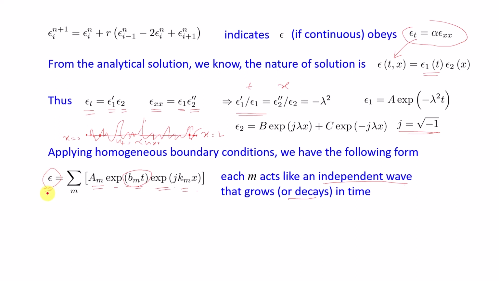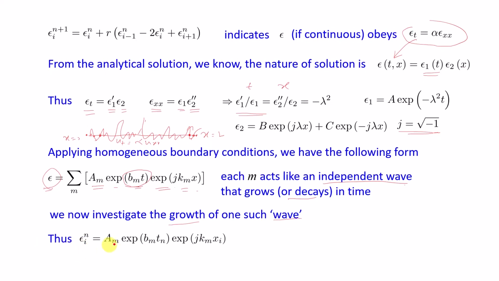So what I'll do, I'll take one wave and see what happens there, or in other sense we call this taking up one mode. So the growth of one wave we'll see, and from that you will see that we will gain sufficient insight to comment on the stability of the problem. So let us say this is one of these waves, this a_m e^(beta_m t_n) exponential j k_m x_i, at location i at time level n.